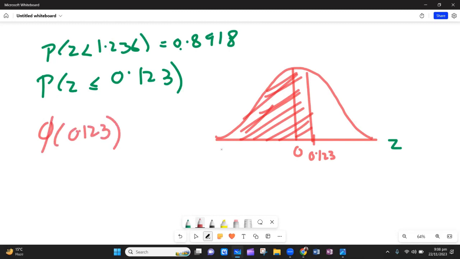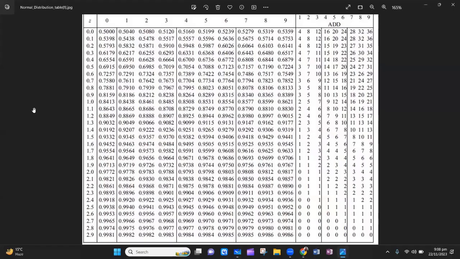Okay, now let's read it from the table. So 0.1 is here, 2 is up here. This is going to be the probability, but we have to add something to it. It's 0.12 and then 3, and you use this 3.